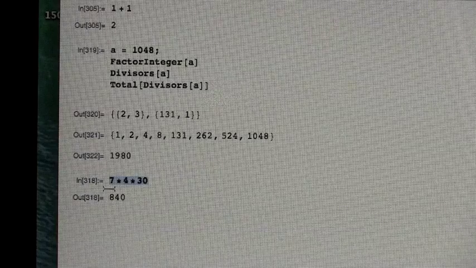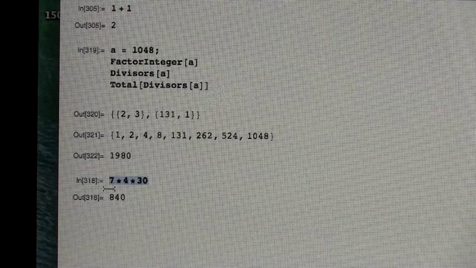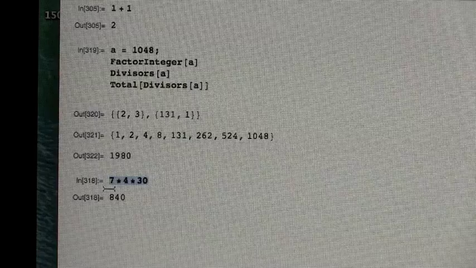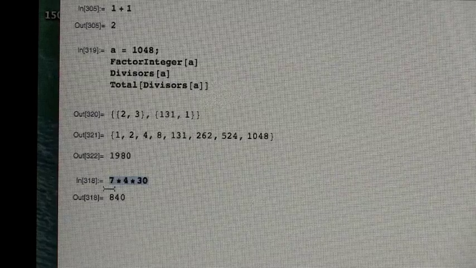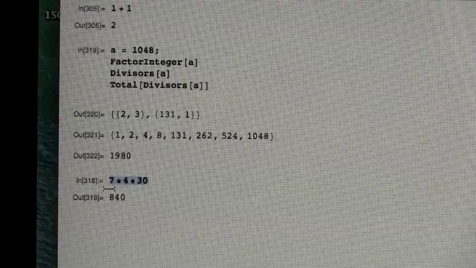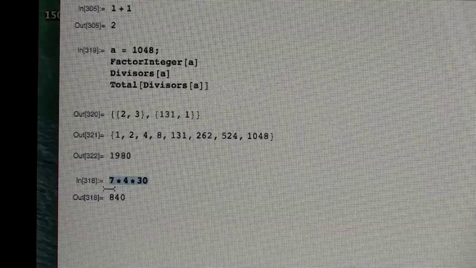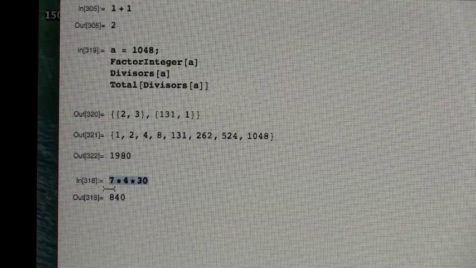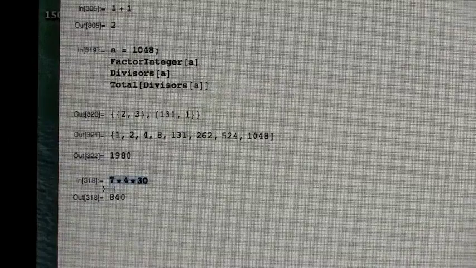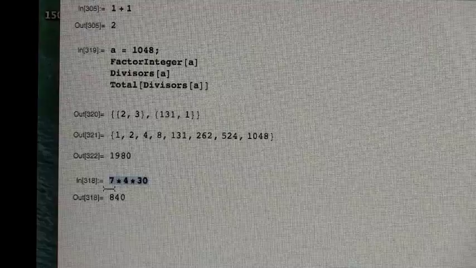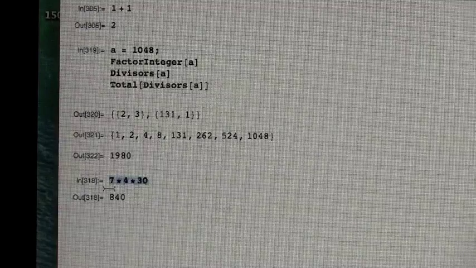But what are those numbers representing? It's how you calculate what the sum of the divisors is. Right, it's the sum of the divisors of 8. The sum of the divisors of 8 is 15.